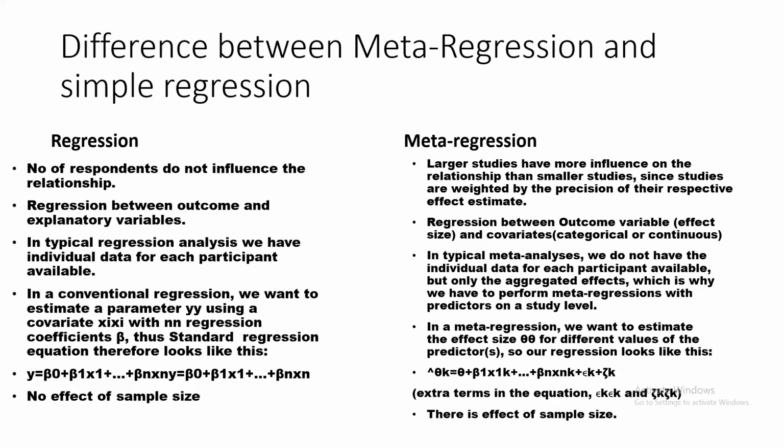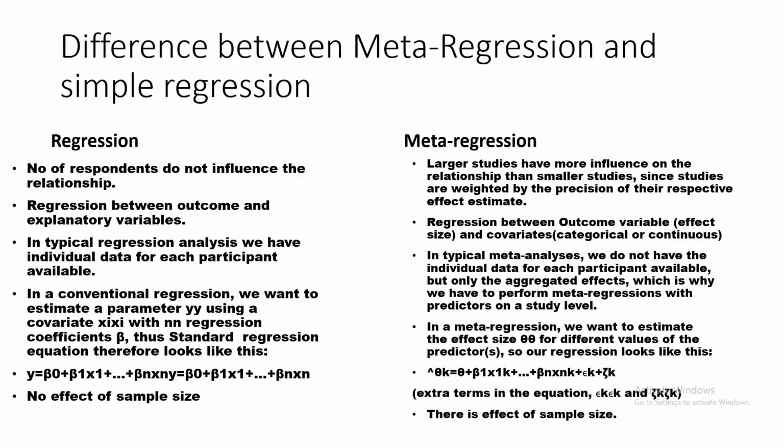So unlike regression, where all 500 people whom I've taken are equal to me, in meta regression, weight is definitely given to those studies which are larger in sample size. We have seen that yesterday, on the assumption that the larger the sample size, the more will be the precision of the study.